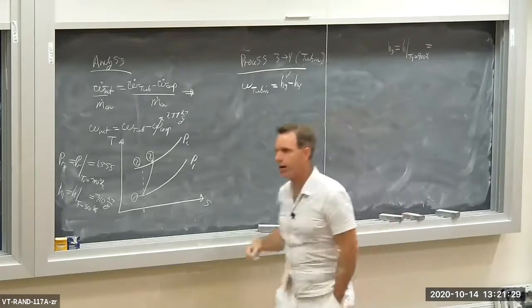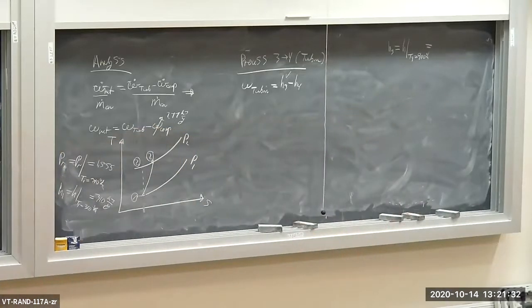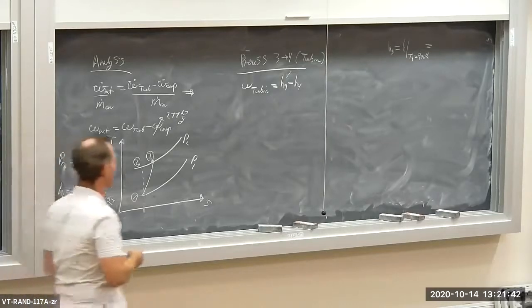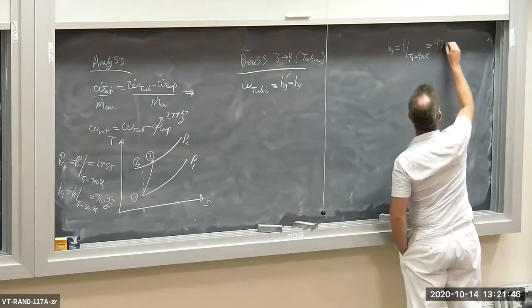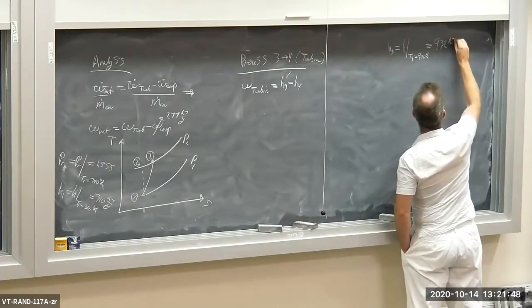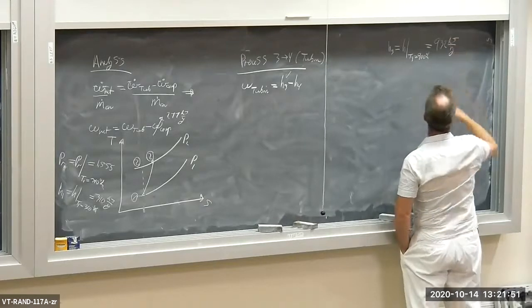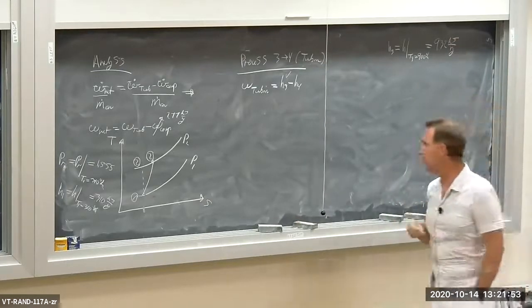And I can crank that out pretty quick. From tables, H3 is 932 kilojoules per kilogram.